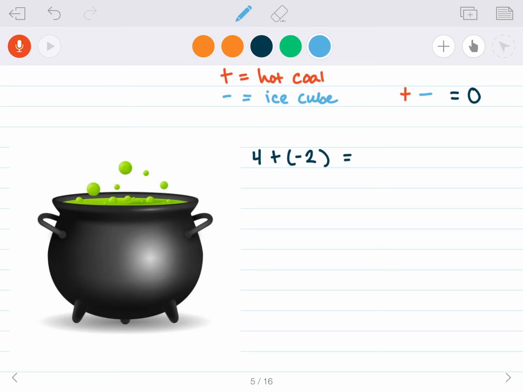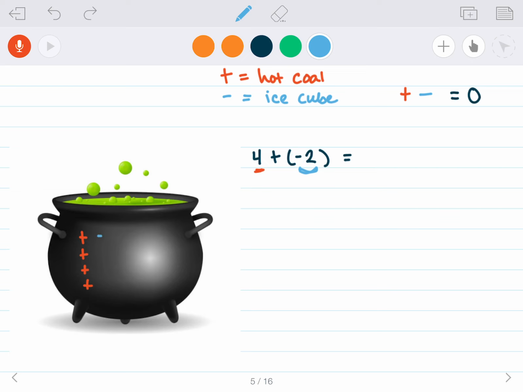So how do we represent this one in the pot with hot coals and ice cubes? Well, it says that we start with +4, which is indicated by a hot coal. So we have 4 hot coals, 1, 2, 3, 4. And what we want to add on to it is 2 ice cubes, indicated by the negative sign.